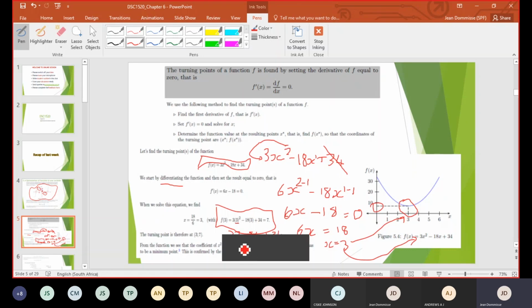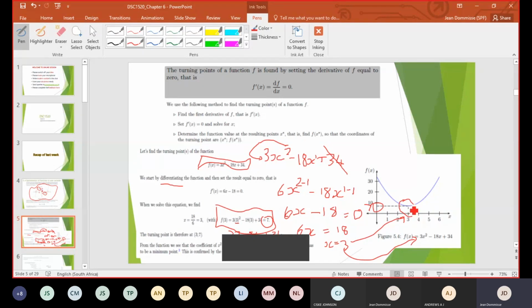So if I do that calculation, that would have given me minus 20, so 27 minus 20 gives us the 7, which is correct there. So your y value is basically 7.